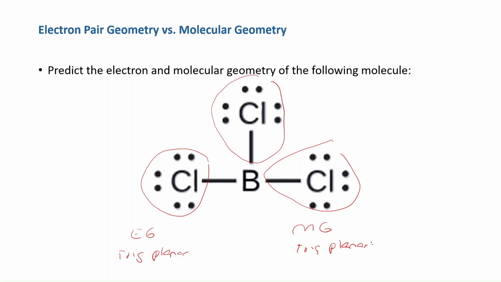One thing that I like to warn you about is when they're asking you electron and molecular geometry, please, even if they're the same, write it down. I have students who look at this and they just say trigonal planar. And my answer to that is, which one, the electron or the molecular? If you don't tell me which one it is, I'm not going to try to guess. It's wrong. They're asking you 2 questions, electron geometry, molecular geometry.